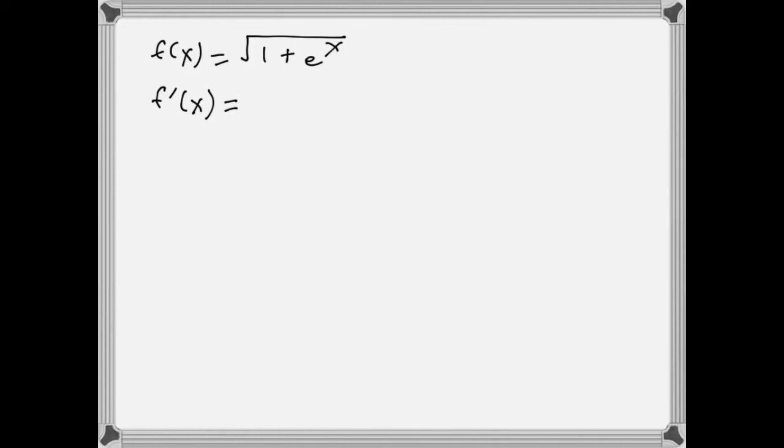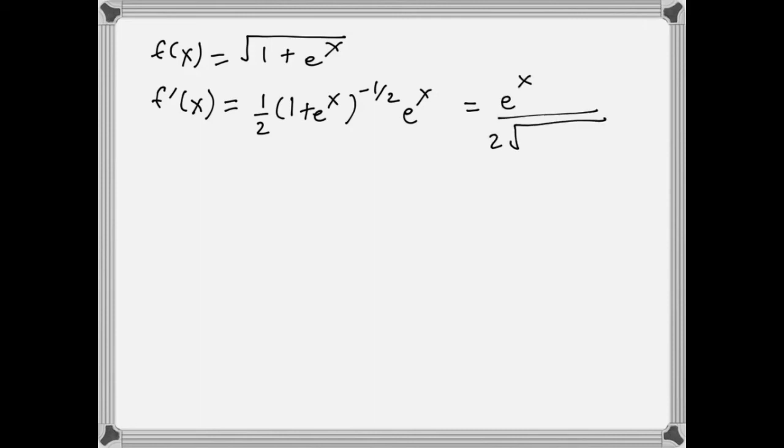This is going to be 1/2 times 1 plus e to the x to the negative 1/2 times the derivative of the inside, which is e to the x, which is the same as e to the x over 2 square root of 1 plus e to the x. So that's my derivative.